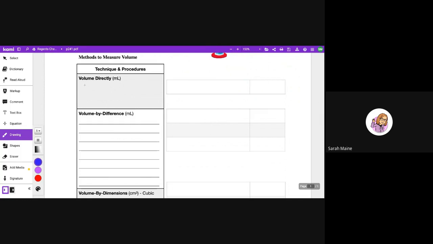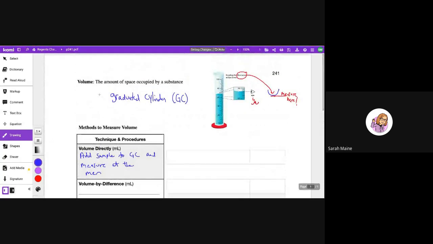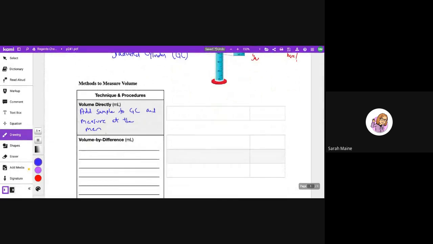In this, you simply add your sample to the GC, to the graduated cylinder, and then get yourself eye level and measure at the meniscus. So get yourself really level.